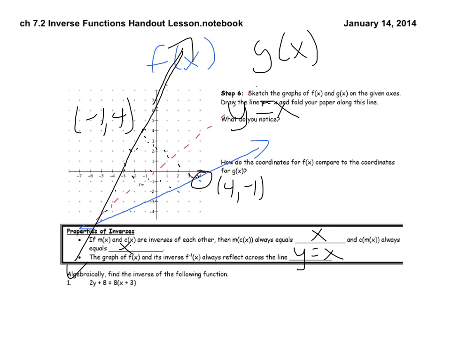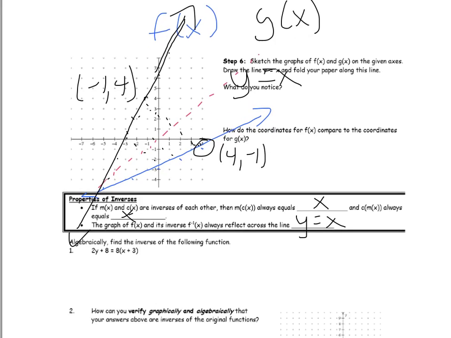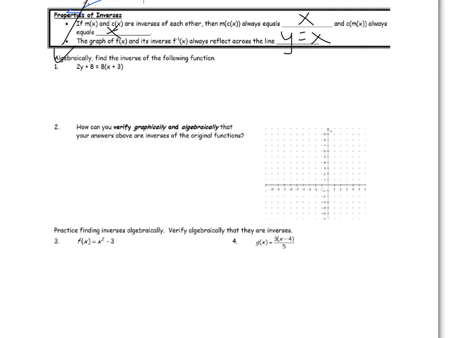All right, I'll work through number 1 with you, and then we can practice. For this one, you should end up interchanging the x and y, so now you have 2x plus 8 equals 8 times y plus 3. So now we've interchanged the x's and the y's. What was the x up here became the y here.